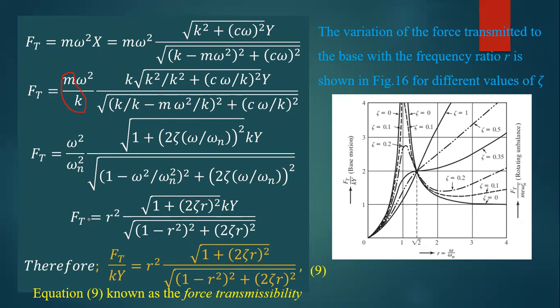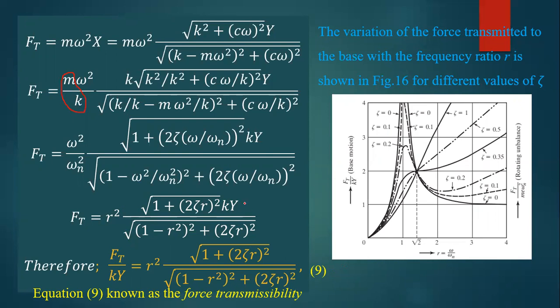So finally, we can get F transmitted is equal to r square, meaning omega over omega n whole square, times radical of 1 plus 2 zeta r square times ky, the whole over radical of 1 minus r square, the whole square, plus 2 zeta r square.